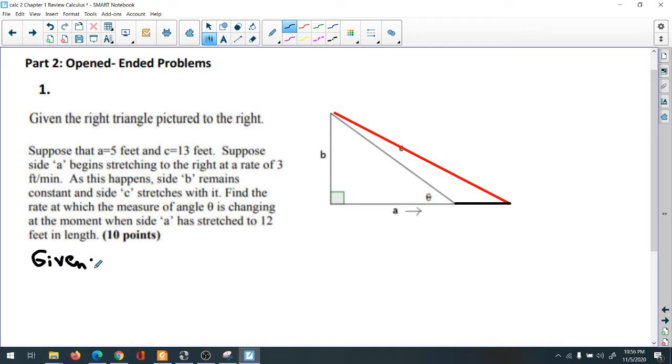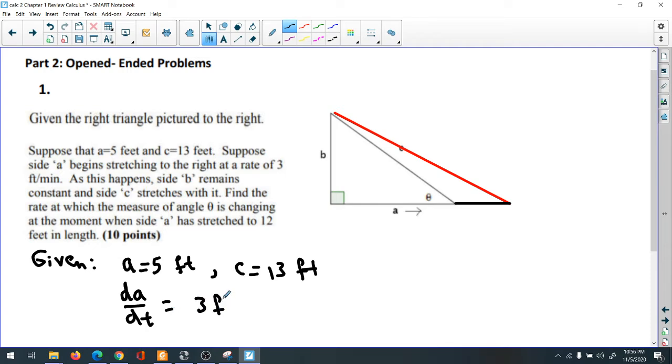To do that, I want you to collect all the givens first. Given: side A equals 5 feet, side C equals 13 feet, and the change of side A with respect to time, dA/dt, equals 3 feet per minute.